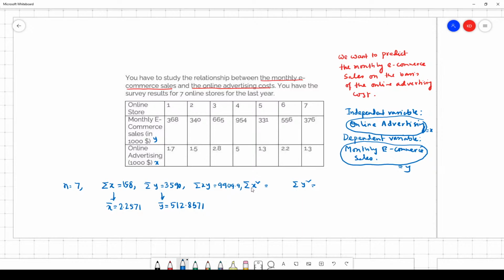Summation X square is 46.2. Summation Y square is 2163438. Okay, please check all these values and tell me whether these are correct or not.